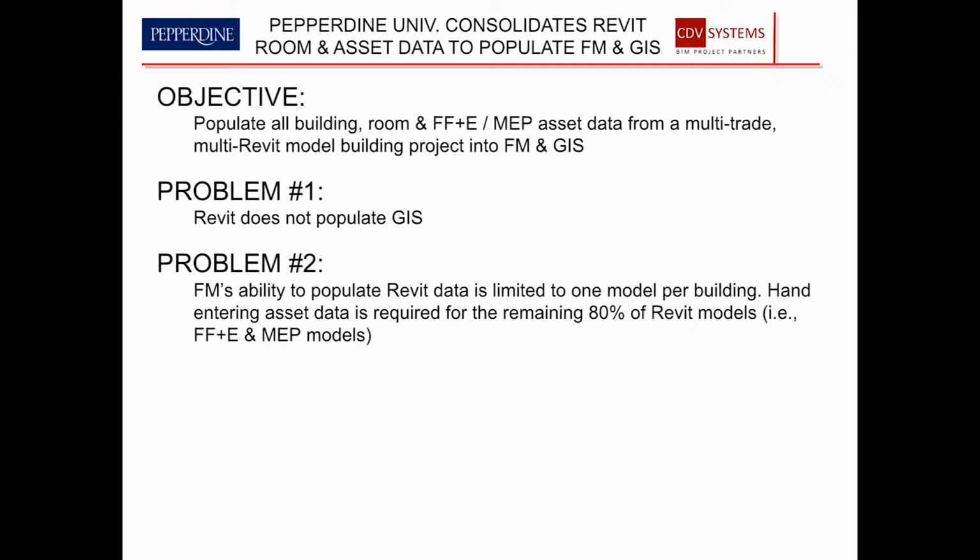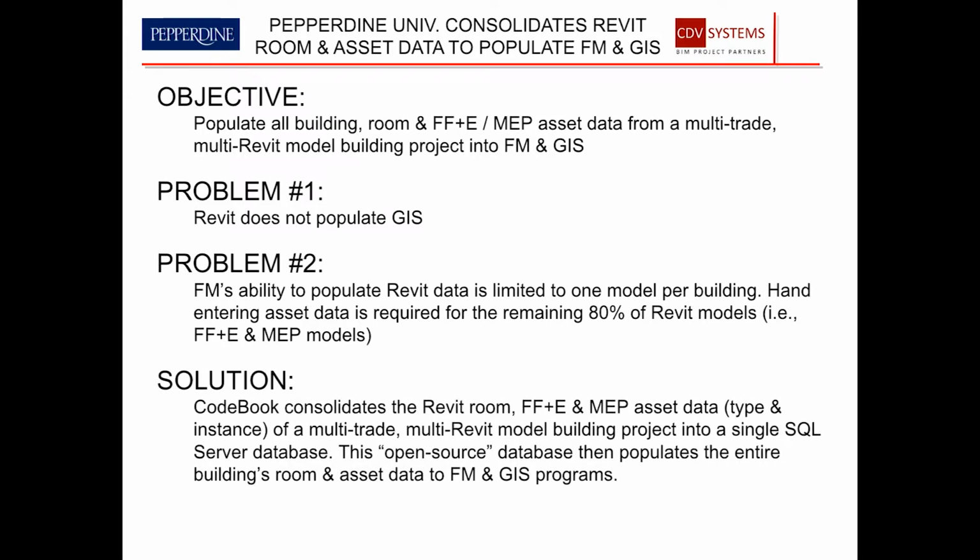And the only model that can be pushed into WebTMA is the one that has the room objects in it, the architectural. All the others have to be hand-entered. You have to hand-enter the locations of those rooms where those things exist. So if the VAV box is sitting in the mechanical model, you have to hand-enter that room location. If that room starts to change, how do you update that?